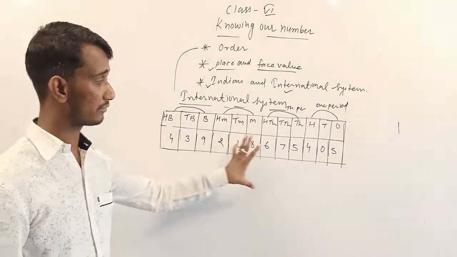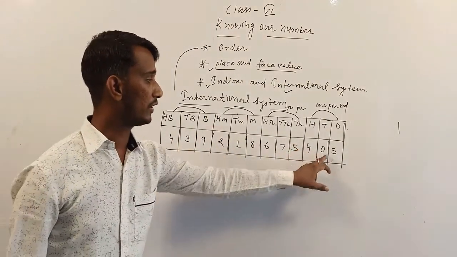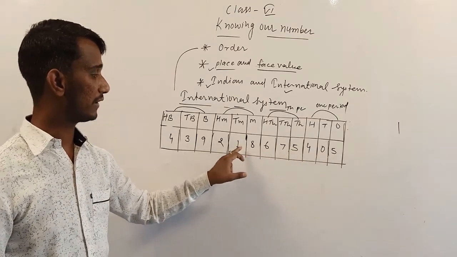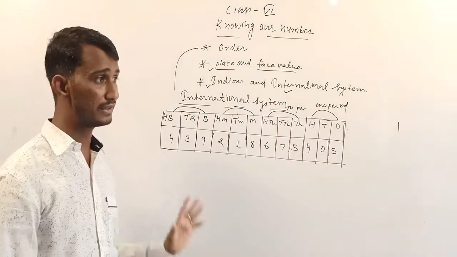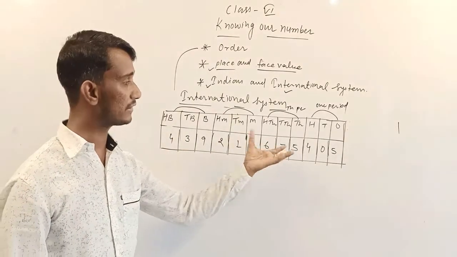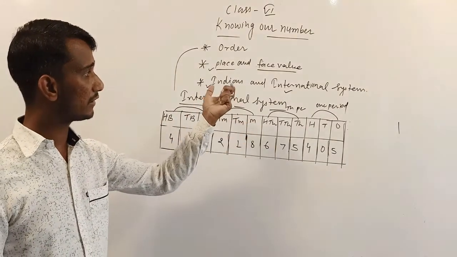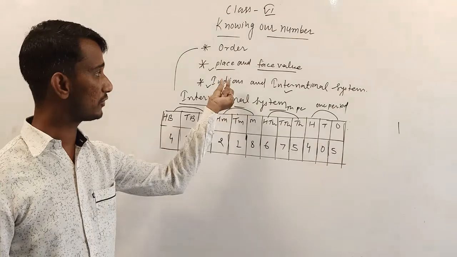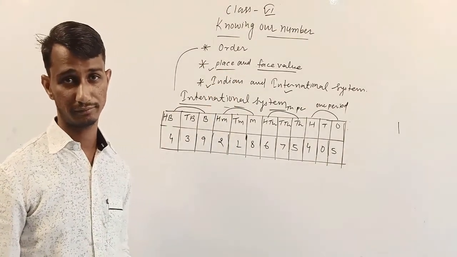How to read this larger number? How many digits are there? 1, 2, 3, 4, 5, 6, 7, 8, 9, 10, 11, 12. There are 12 digits. So how to read this large number? This is very easy if we use the international system and place chart, and put commas separately.